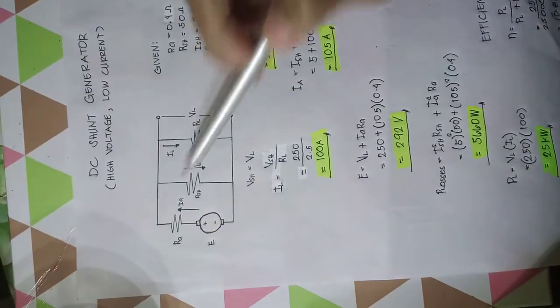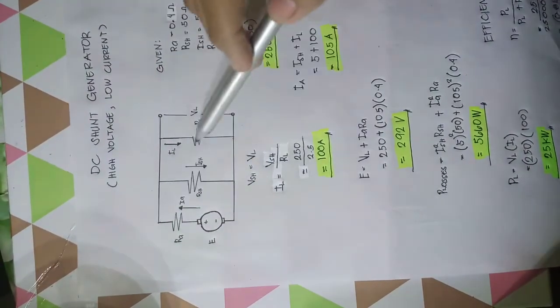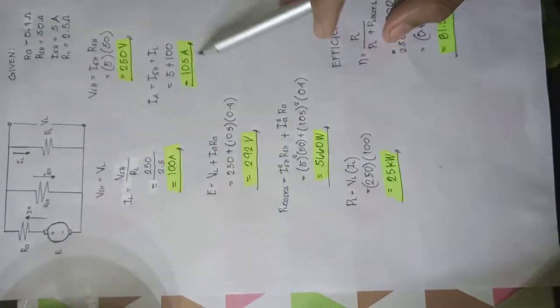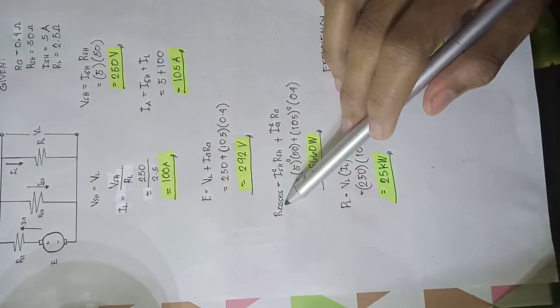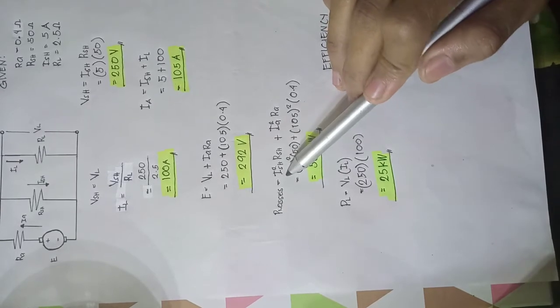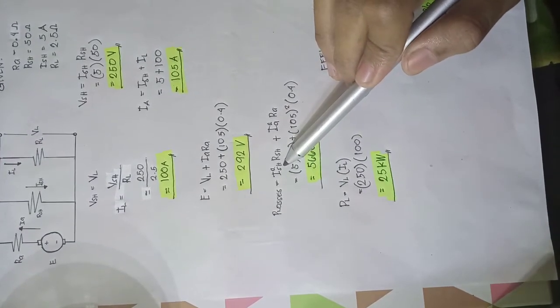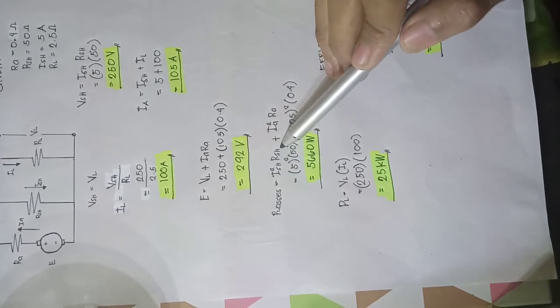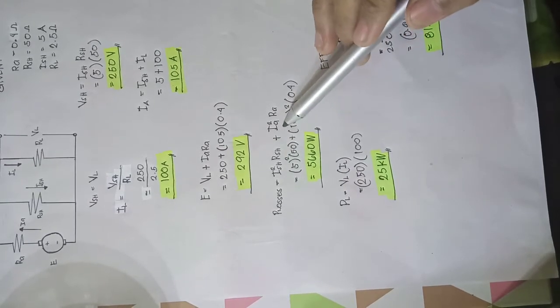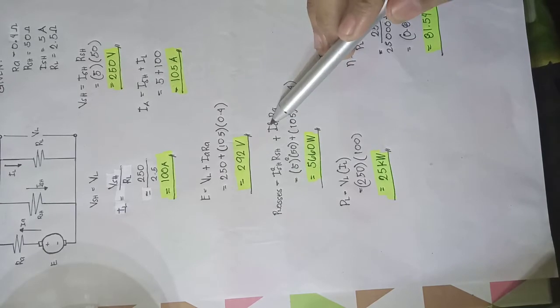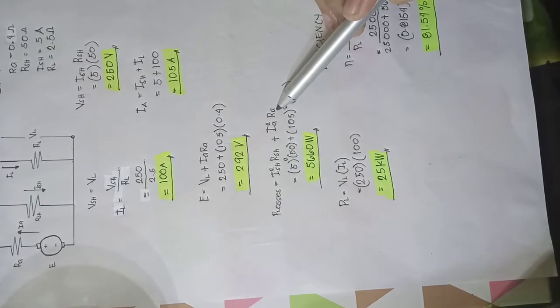So since in this circuit there is resistance, we have some power losses. The power losses is equal to the square of the current of the shunt field multiplied by the resistance of the shunt field plus the current of the armature squared multiplied by the resistance of the armature.